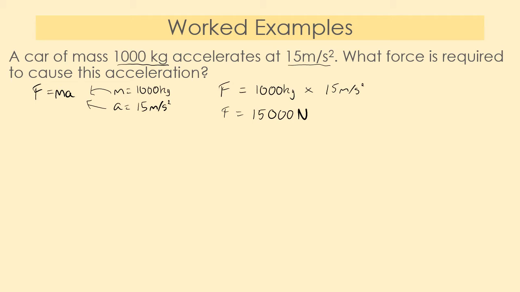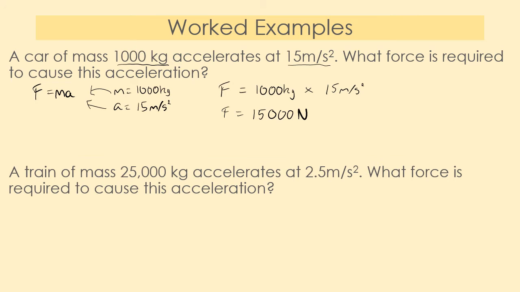We're going to have a look at some more. A train of mass 25,000 kilograms accelerates at 2.5 meters per second squared. What force is required to cause this acceleration? Again, F = ma. I'm going to find my mass, which is 25,000 kilograms. My acceleration is 2.5 meters per second squared.